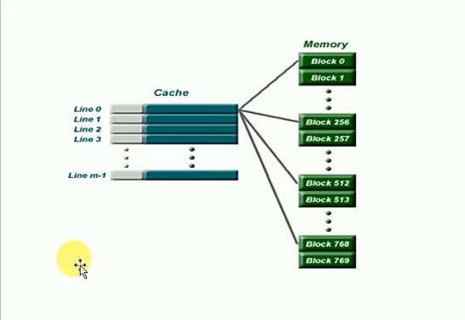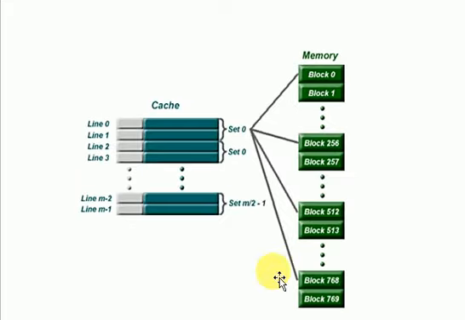To overcome that, we have another term called set associative mapping. Set associative mapping is a term in which it adheres to the laws of both direct mapping as well as fully associative mapping. Here, the lines are usually grouped into powers of 2 and are called sets.